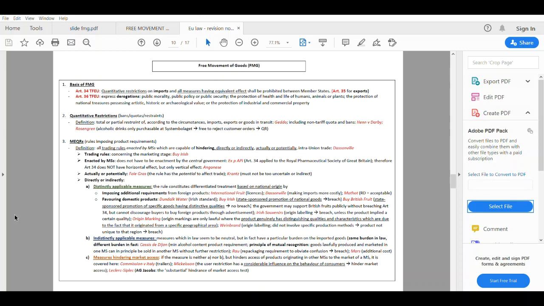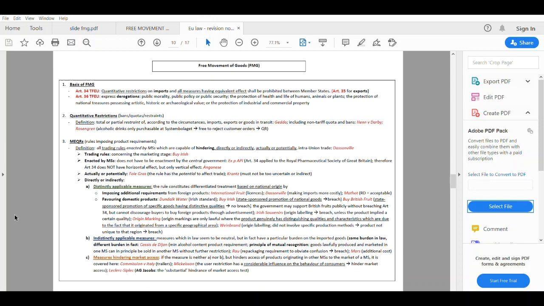We'll now see specific examples of distinctly applicable MEQRs and indistinctly applicable MEQRs. Firstly, we will look at distinctly applicable MEQRs. This type of MEQR can be an import license, and as it is only imposed on the importer, it can be said that it has the effect of hindering, at least potentially, intra-community trade.